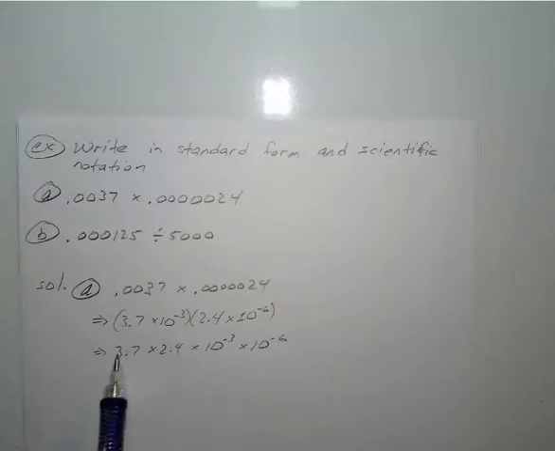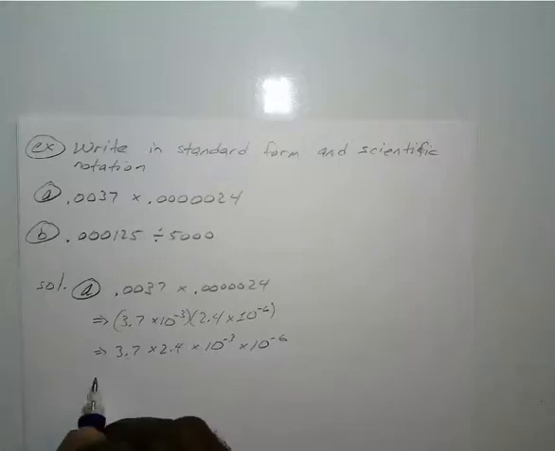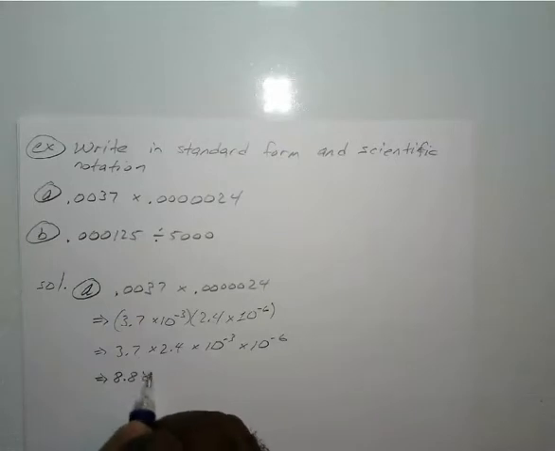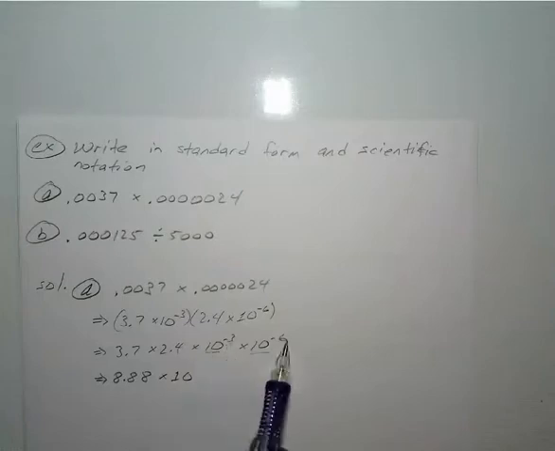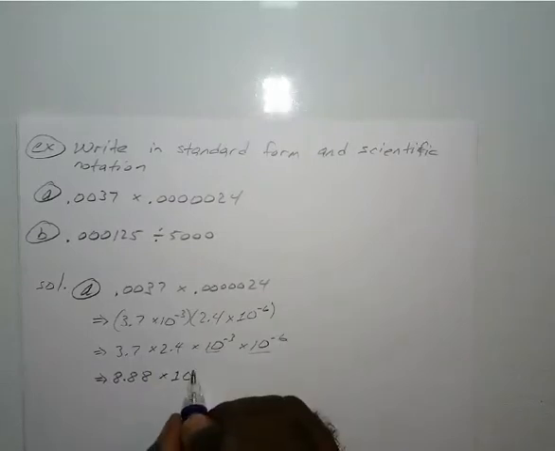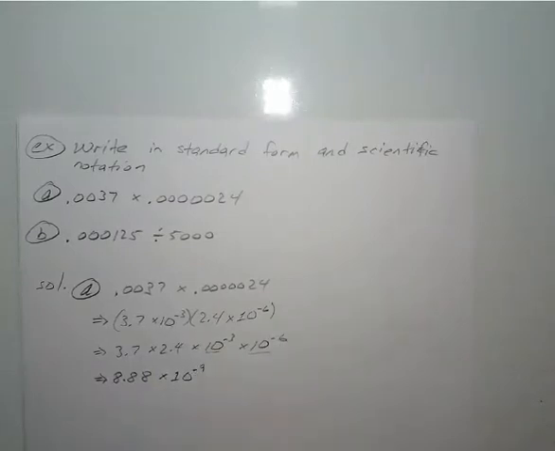So 3.7 times 2.4 gives you 8.88 times 10. Since we have the same base, we just add our exponents. So 10 to the negative 3 plus negative 6 is 10 to the negative 9.